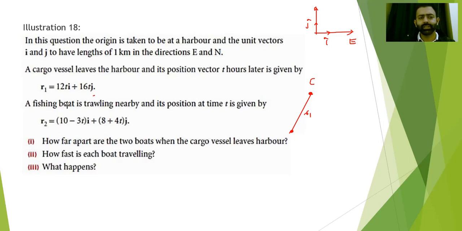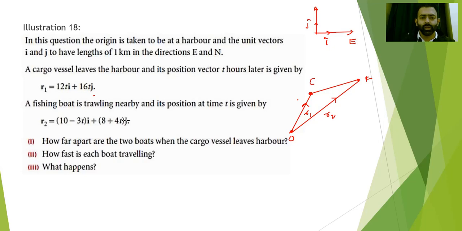Then it says there is a fishing boat trawling nearby, and its position at time t is given by r2. So let us say we have a fishing boat F, with position vector r2. This is your origin, meaning the origin is at the harbor, right?